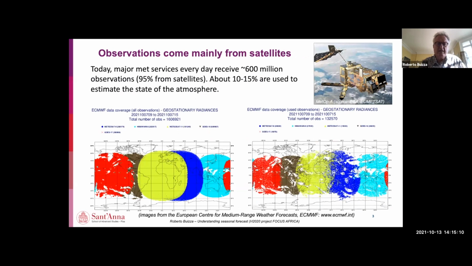As you can see, the satellites cover some regions, not the whole globe. So some regions are observed better than others. Every day, we collect about 600 million observations. 95% comes from satellite. The others come from stations on the land, ships, buoys, and so on, okay? So these are the observations.